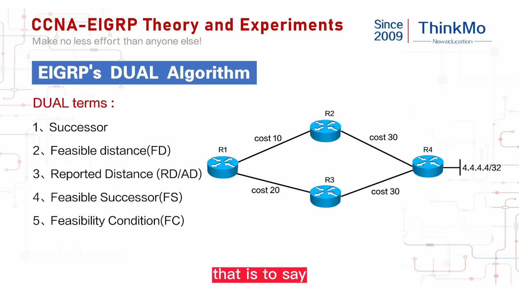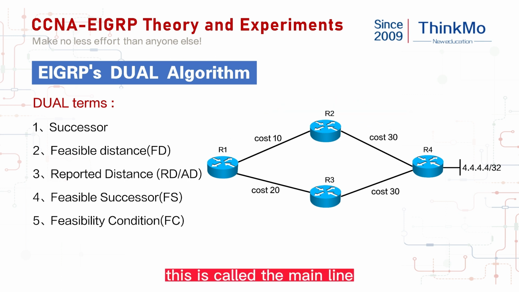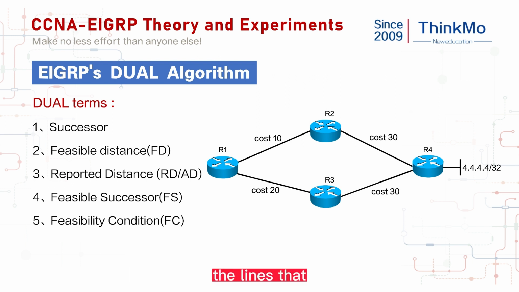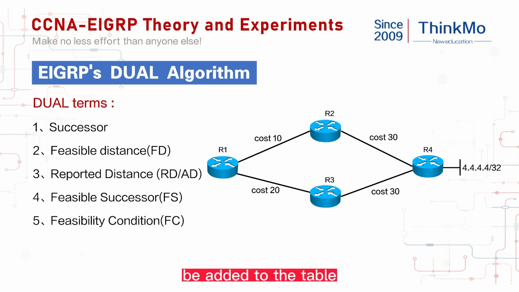That is to say, now if going to 4.4.4.4, logically, it should go like this. This is called the main line. This is the line going in and out now. The lines that appear in the routing table will definitely be added to the table, because it is the best path. Then, for this optimal path, it has a thing: the successor router.